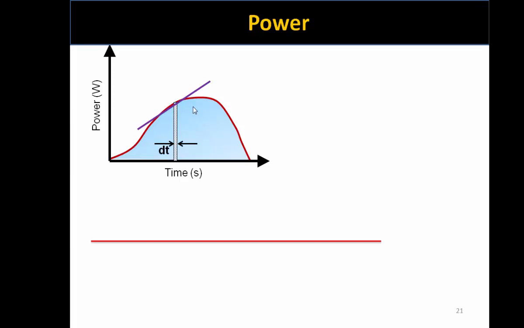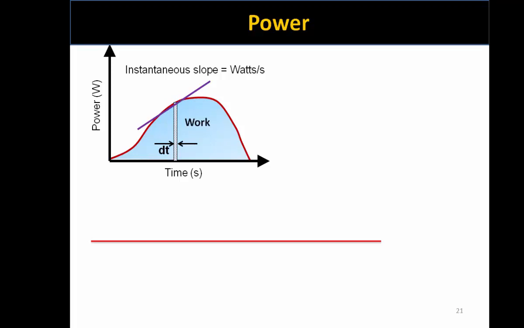It varies throughout this period of time, which is very characteristic of many movements. But if we follow the same approach, if we wish to calculate the instantaneous slope of the power-time curve, or the power-time function, our final units will be watts per second. This is not a very common unit used in biomechanics, but dimensionally, it is certainly something that we can calculate.